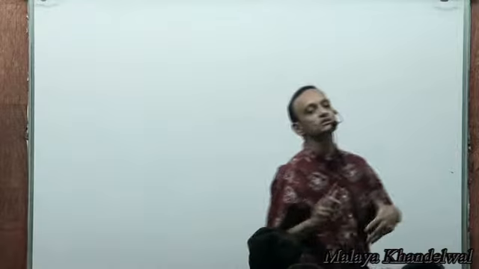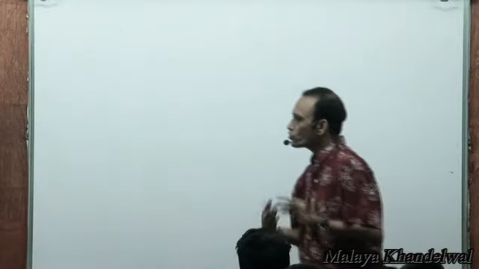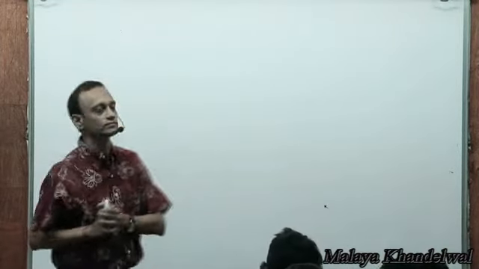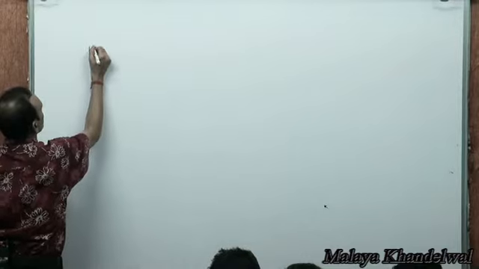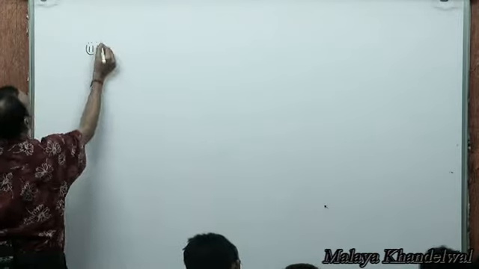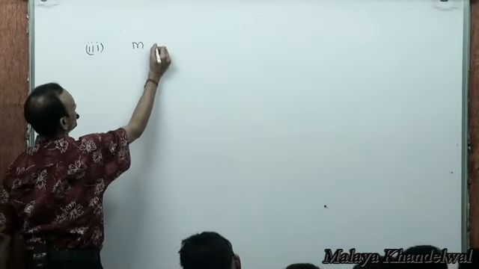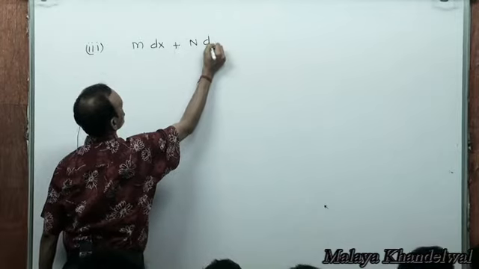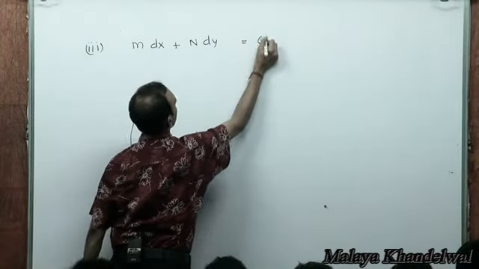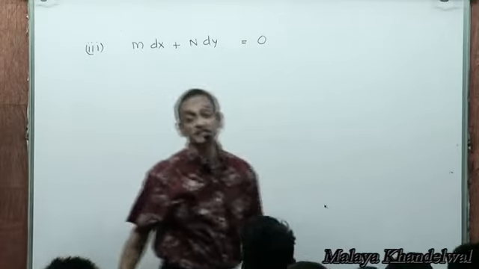Some more versions on integrating factors. So case 3: I have M, a function of x and y, and N, a function of x and y. This is my differential equation of first order and not an exact differential.